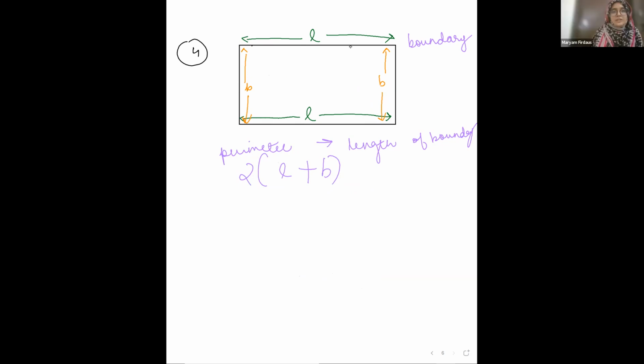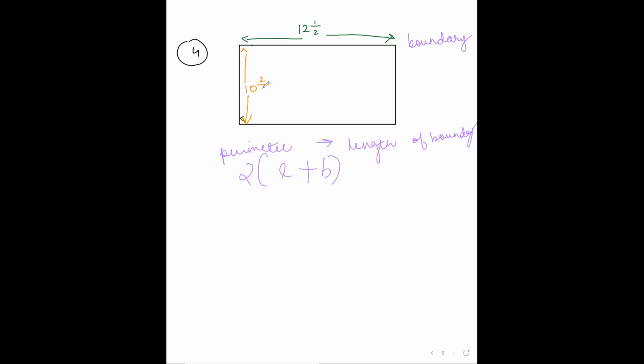So the rectangular sheet, the length is 12.5. And breadth is how much, Hiba? 10 and 2 by 3. You should mention centimeter also, because then the question can arise: 12.5 what? Is it centimeter or meter or what?